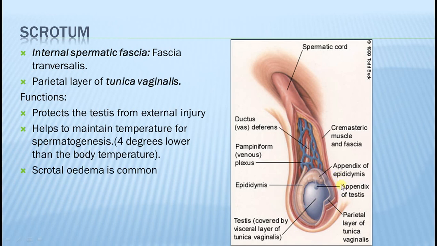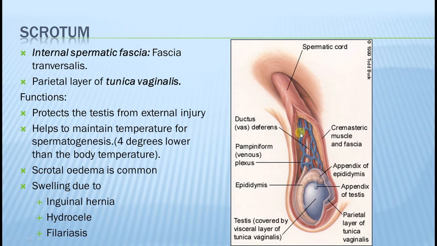Edema, collection of fluid inside the scrotum, is common. So the scrotum might become swollen. The most common reasons are, one is hernia, herniated loops through the inguinal canal. Intestinal loops might herniate via the inguinal canal or directly via the superficial inguinal ring and might present as a swelling.